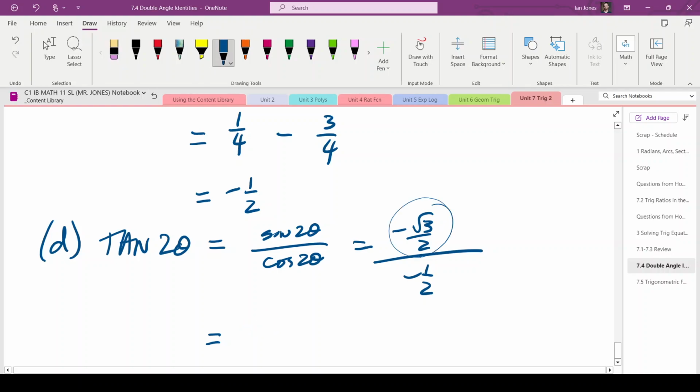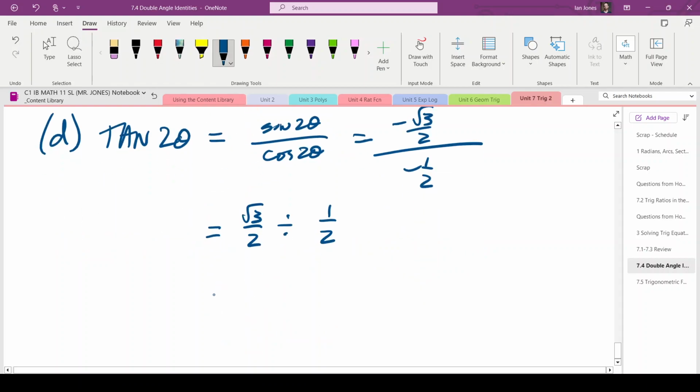A negative divided by a negative is a positive, so I'm just going to get rid of my negatives. I have root 3 over 2 divided by 1 over 2. Keep change flip, root 3 over 2 times 2 over 1. We're left with root 3. So the tangent of 2 theta is root 3 in this case.